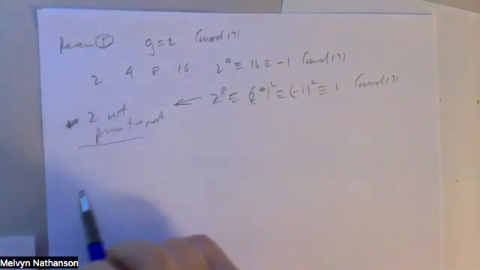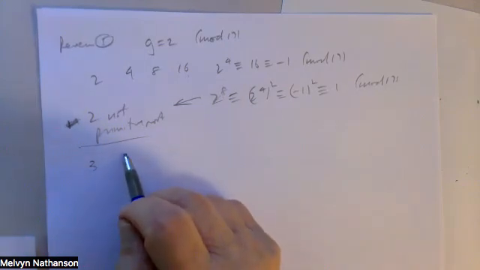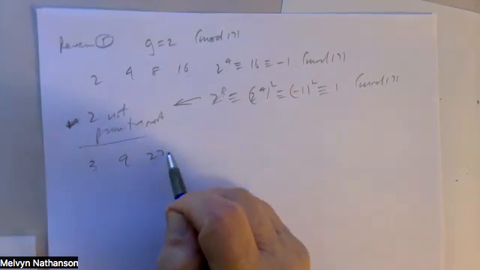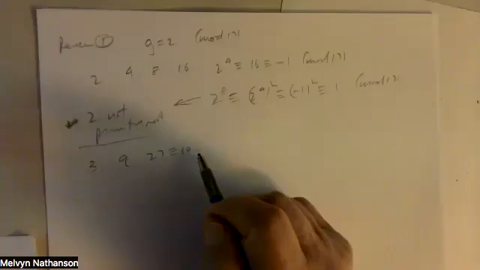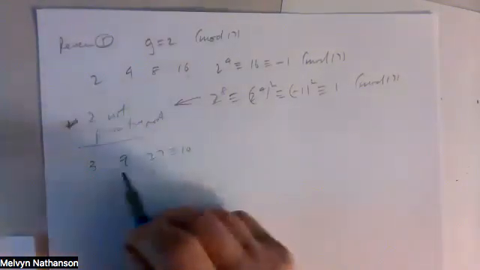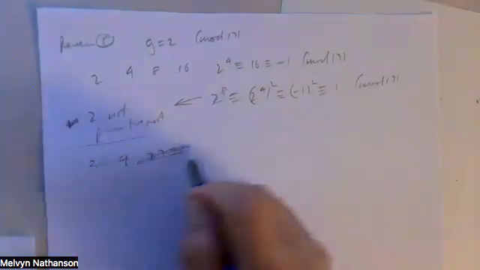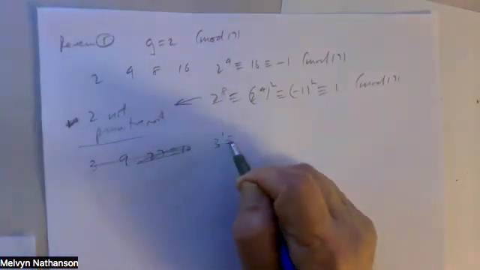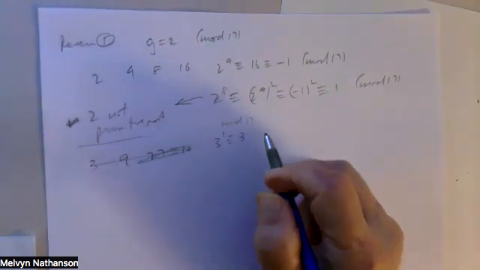If you take the powers of 3 mod 17, you get 3, 9, 27, which is 10 mod 17. Just keep multiplying by 3. So let me do it more neatly. 3 to the first power is 3. Everything is mod 17.